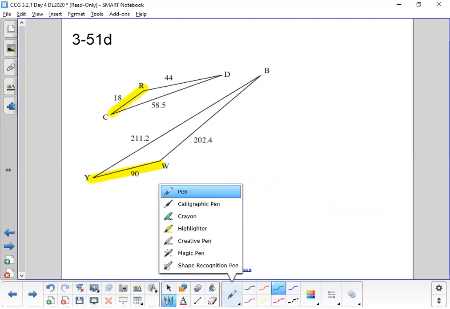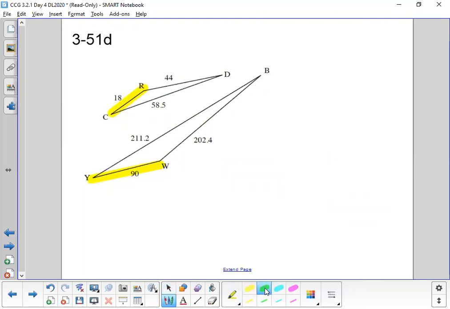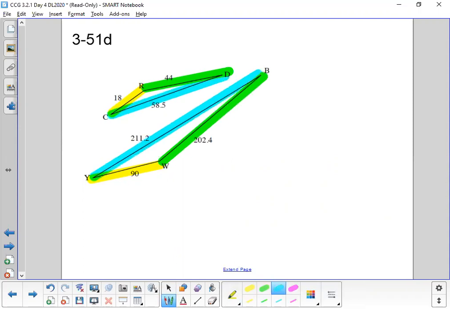And then I've got my middle side, which is 44, and that's going to go with my middle side, which is 202.4. And then longest side would correspond with the longest side. So I've got my corresponding sides marked in the same color.